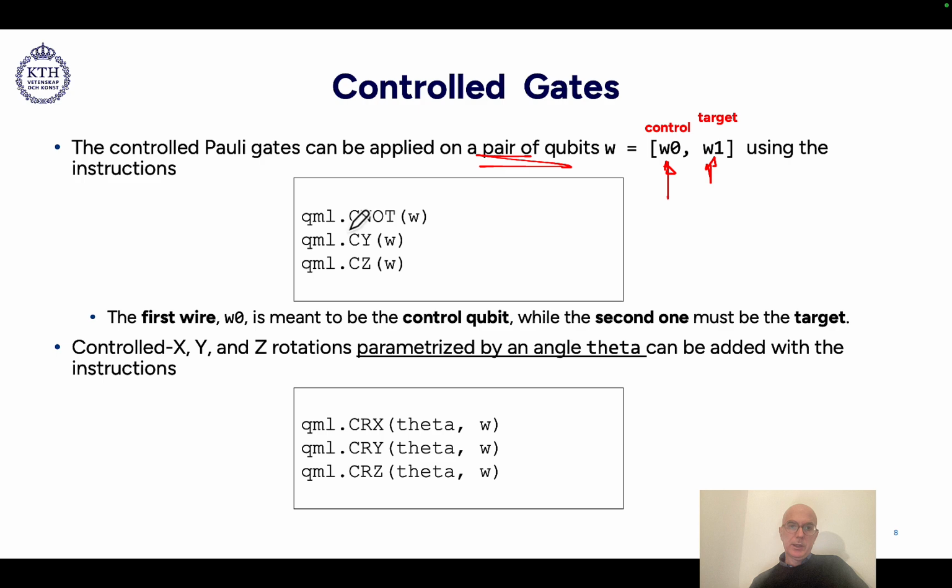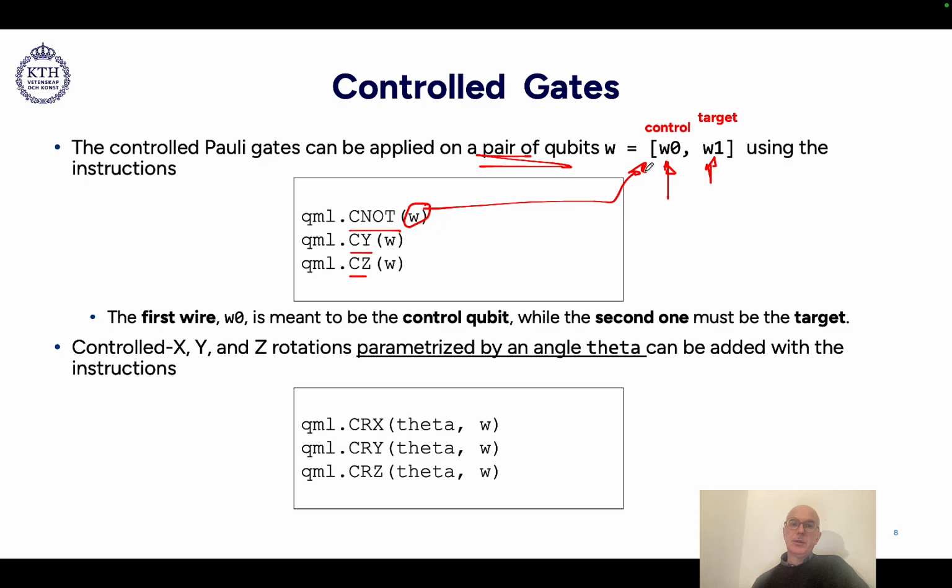So we have C naught, that is our CX. We have CY, CZ, and this W is nothing else than a pair of qubits. As I said, the first wire, W naught, is meant to be the control qubit, while the second one must be the target.